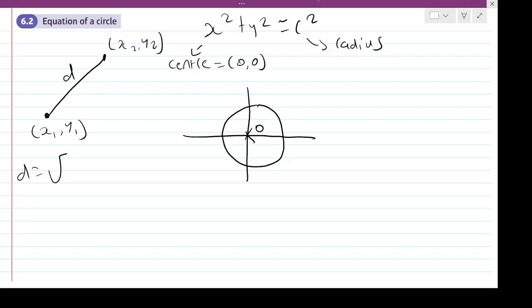Then d is the root of the change in x, so x1 take away x2 all squared, add the change in y, so y1 minus y2 all squared.